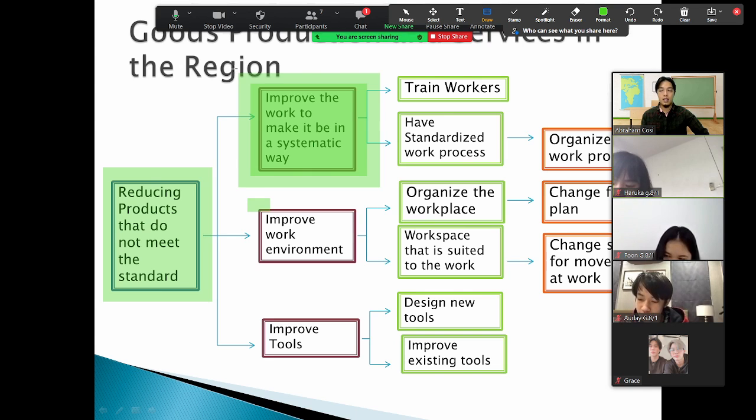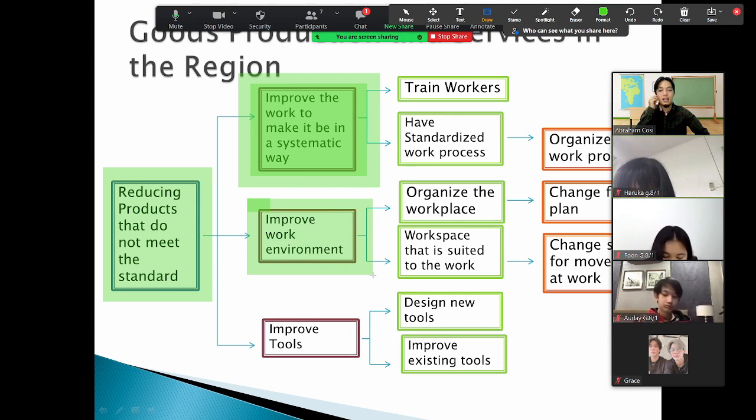Let's say in step 1 there is a problem already, so you cannot proceed to step 2 without making step 1 perfect. You need to do step 1 correctly first. That is what it means by systematic.